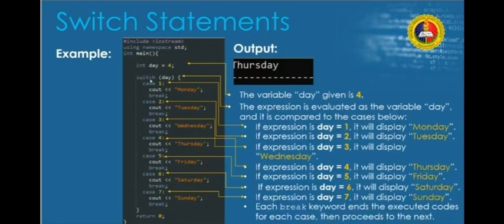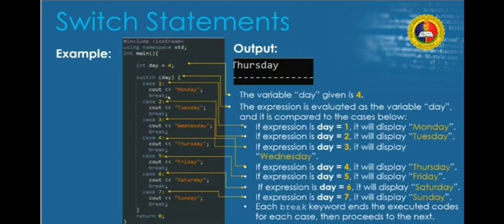Basically, this is how we're going to write it. First we write the word switch, and then our expression, and then our case, and then the value of the possible cases, and then a colon. Inside, after that, we write whatever we're going to perform. It could be an arithmetic operation. In this example, it's just a simple output, and then break. So always remember to write break in every case.